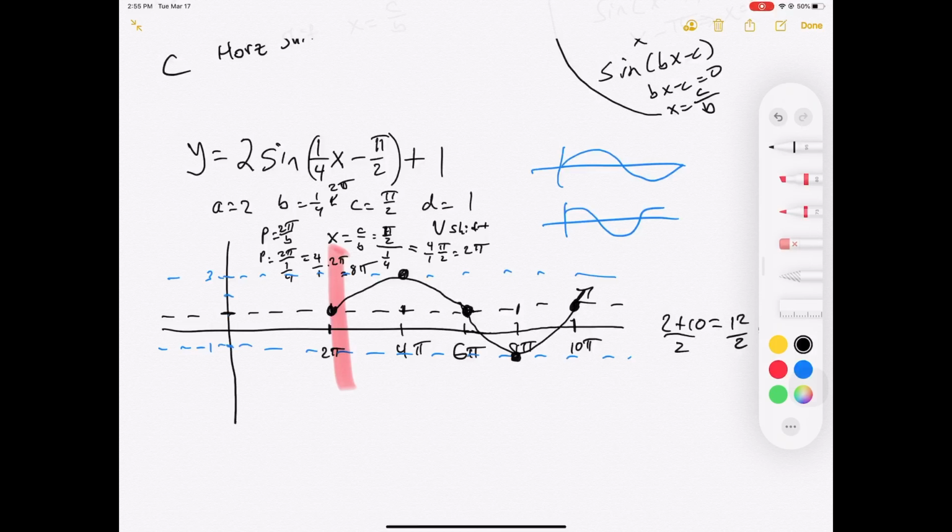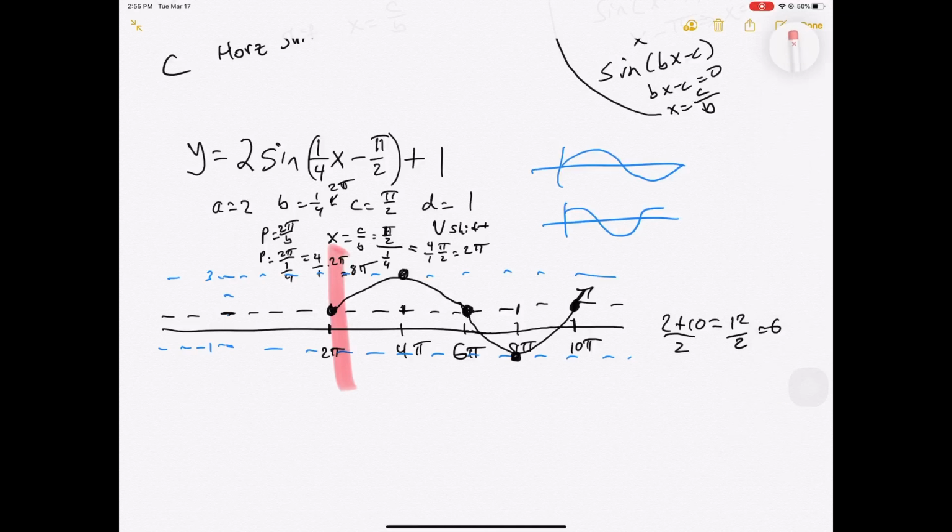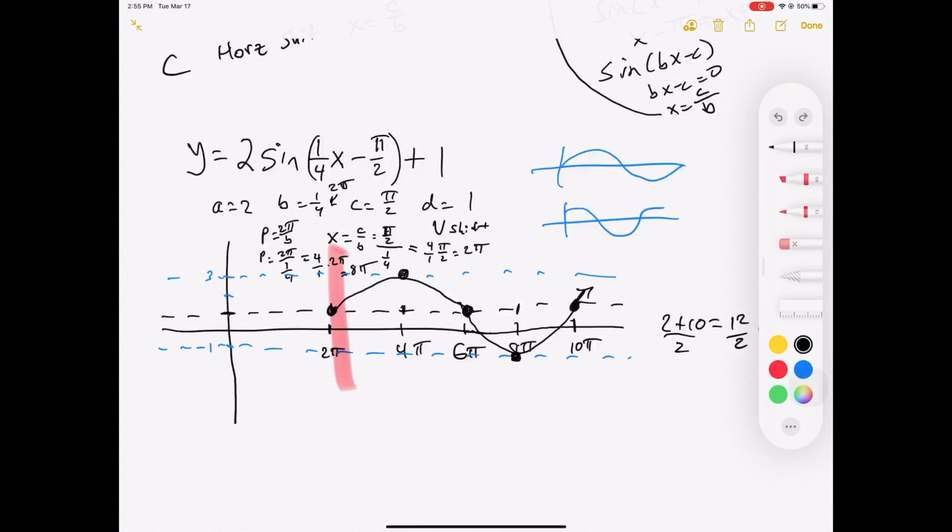The graph is ongoing. Now, what do I do with this section here? Well, look at it. How much space is that section? Would you say that's about 1 tick mark? Or is that more than 1 tick mark? Is it less than 1 tick mark? So if I looked at the tick mark here, that's 1 tick mark.